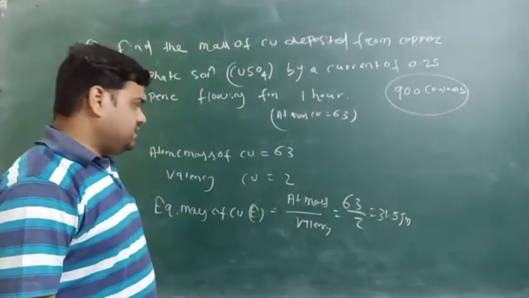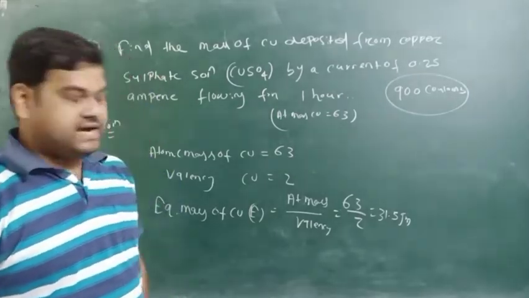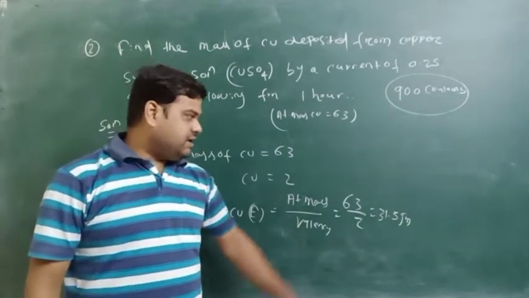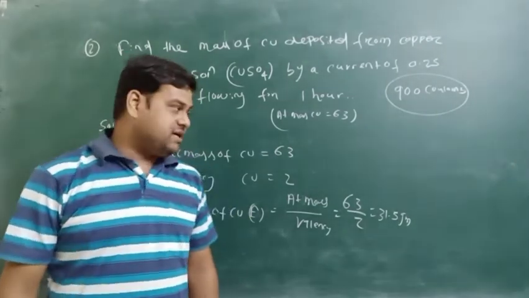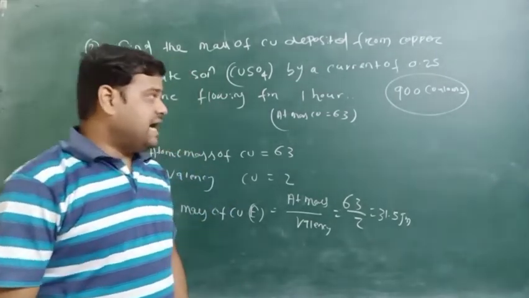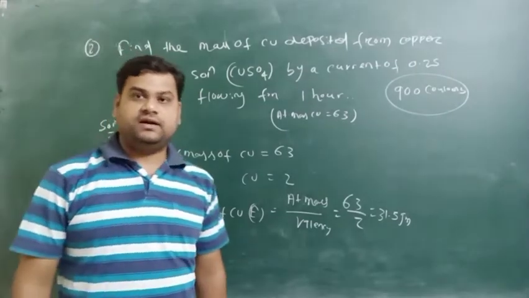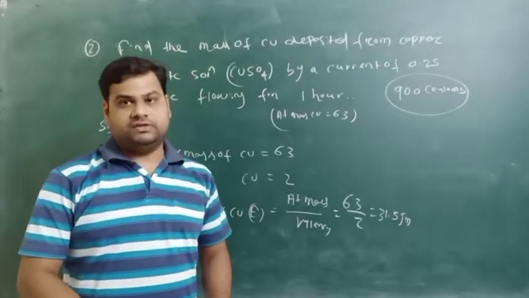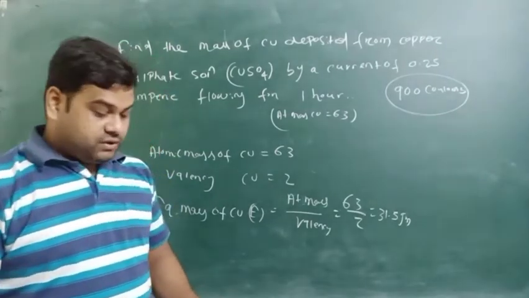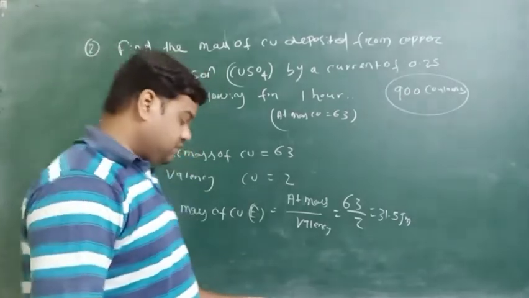It means when 96,500 coulombs, that is 1 faraday of electricity, is supplied to the electrolyte solution, then 31.5 grams of substance is deposited at the electrode. So when 900 coulombs of electricity is supplied, we will calculate how much substance is deposited.